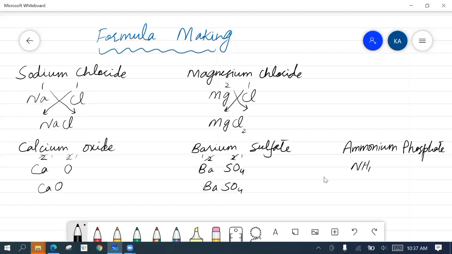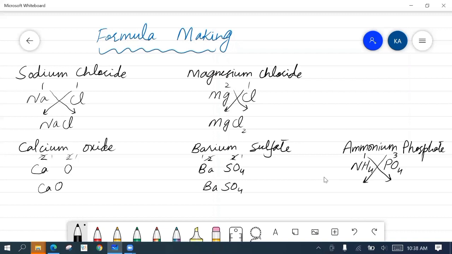Now let's talk about ammonium phosphate. Ammonium is a polyatomic ion, its valency is 1. Phosphate is another polyatomic ion and its valency is 3. These are simplified numbers, so just bring them down.